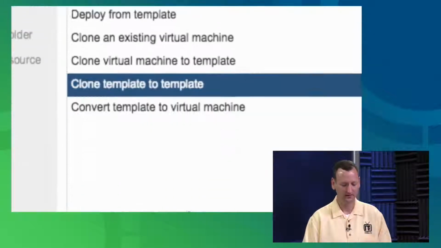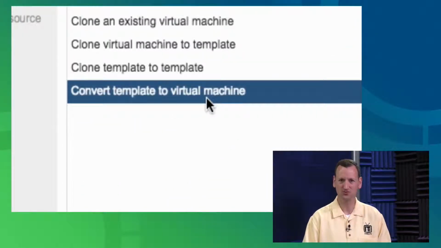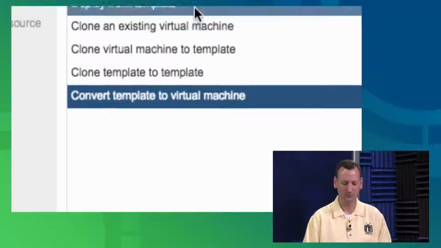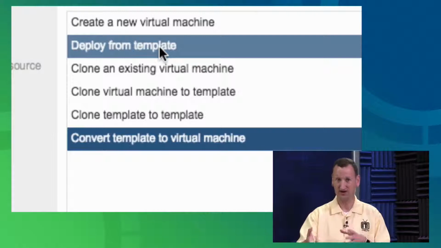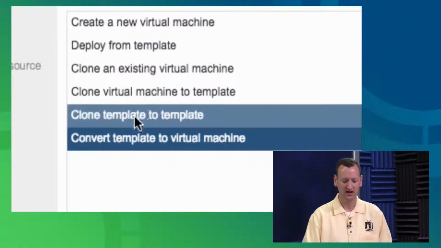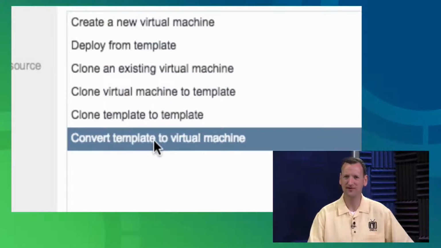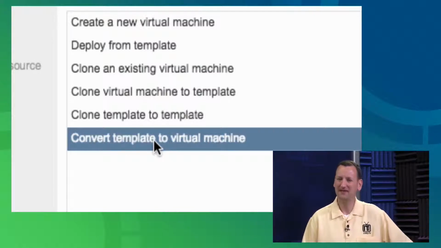Then we've got convert template to a virtual machine. Normally what we do is we deploy from template. We take a template and we copy it to make a virtual machine. If I convert a template to a virtual machine, why would I do that? Well, you can't power on a template. I can't turn a template on. And so if I want to make changes inside of it, what can I do?